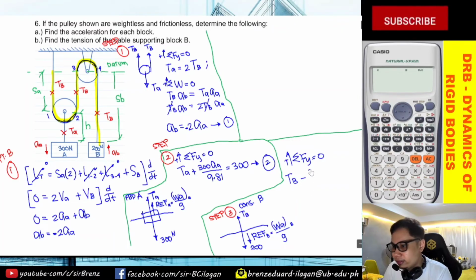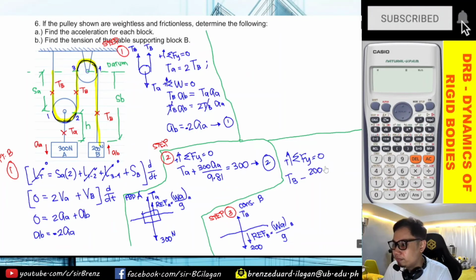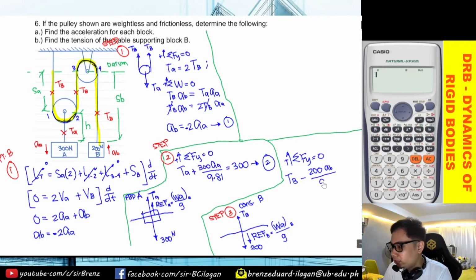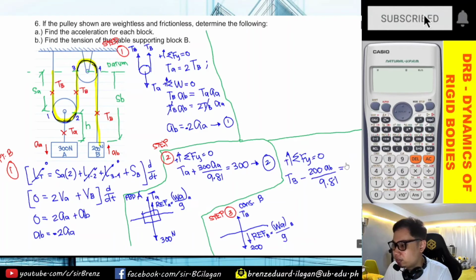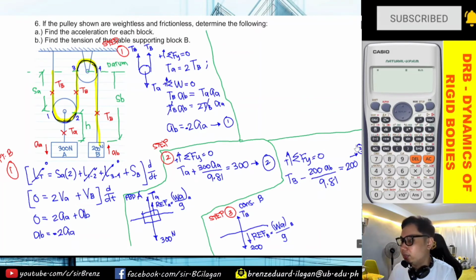So, weight ng block B, so 200, tapos acceleration ni block B over 9.81, and then equals. Transpose ko sa kabila ulit para maging positive sa 200. So, this will be our equation number 3.